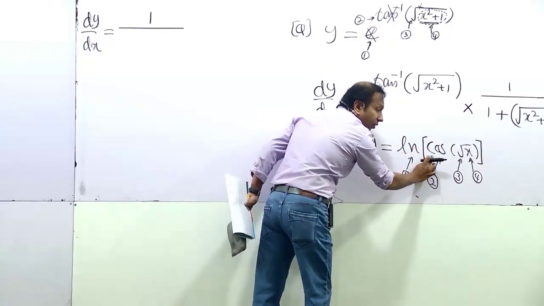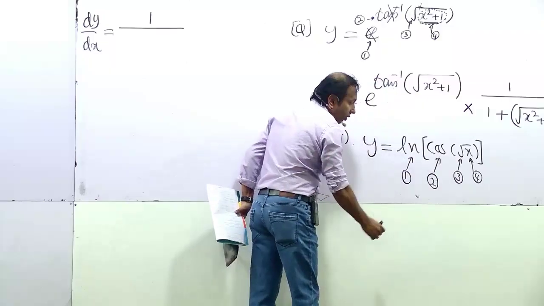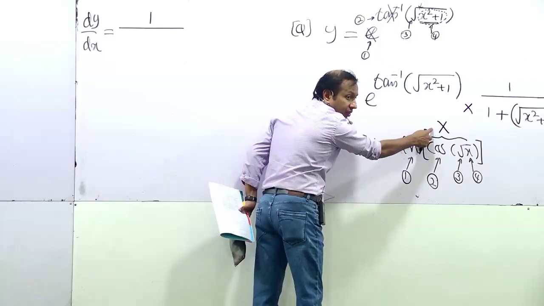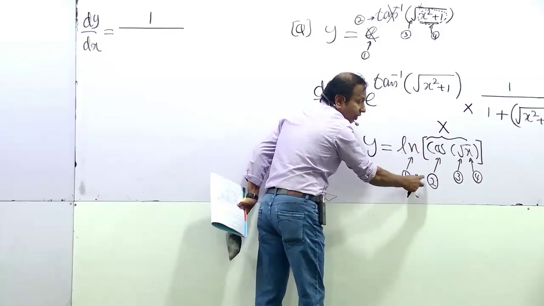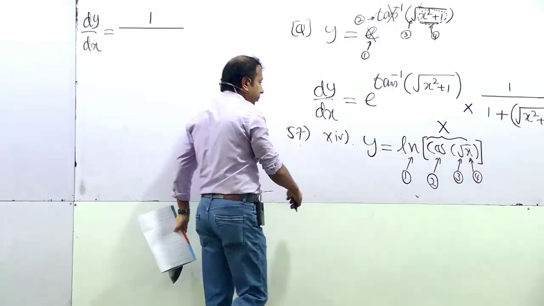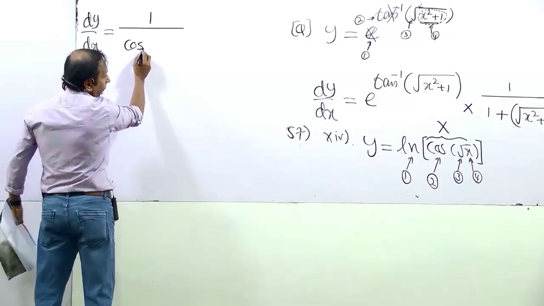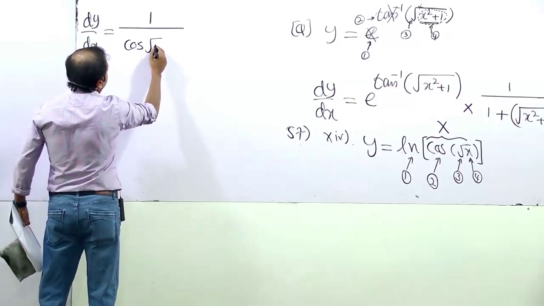What is that? cos root x. You have to consider this one as capital X, then this is ln X. What is the derivative? 1 over X. X means this part, yes. So 1 over cos root x.